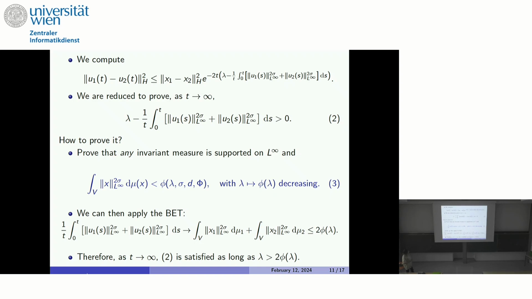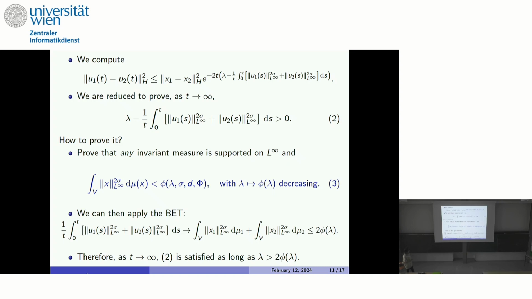So we want to prove that when time goes to infinity, this inequality holds true, and so the idea is again to use the Birkhoff ergodic theorem, because here we have a mean in time. And are we allowed to apply the Birkhoff ergodic theorem? So we prove that an invariant measure is supported in L infinity, and the L infinity norm to the power 2 sigma, which is what appears here, is integrable with respect to the invariant measure.